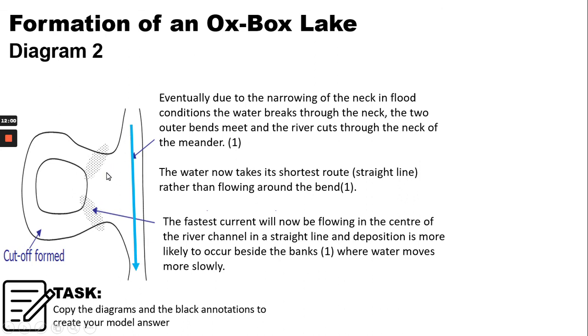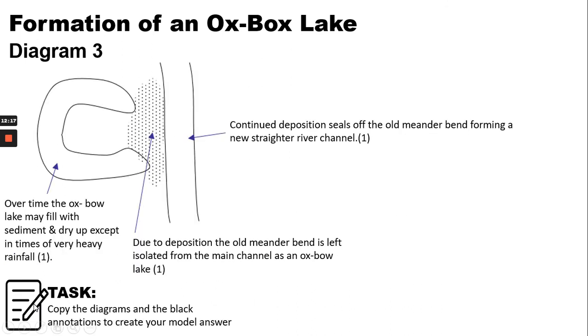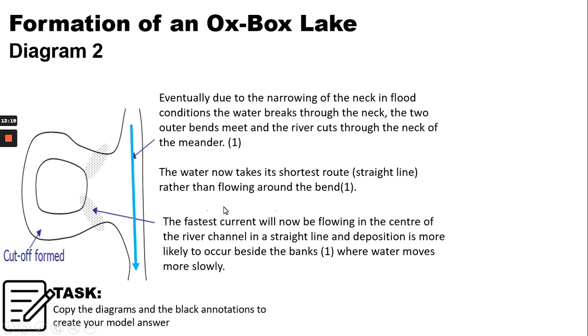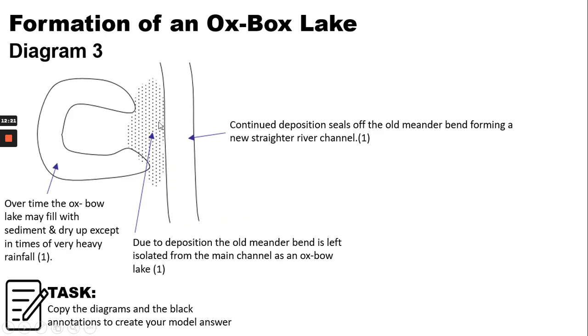And that means we get deposition because there's low energy. So we get dropping off of sediment, and that will eventually fill in. It happens where water moves more slowly. So that's giving you a mark there as well. And that forms our cutoff, which you've labelled on your diagram there in blue.